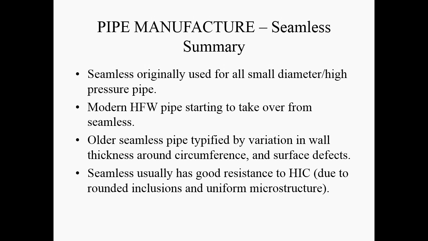So again, in applications where we're looking at high hydrogen induced cracking probabilities, sort of wet gas environments, seamless pipes have been used preferentially before a drying stage, for instance.